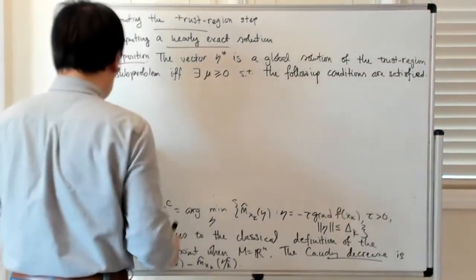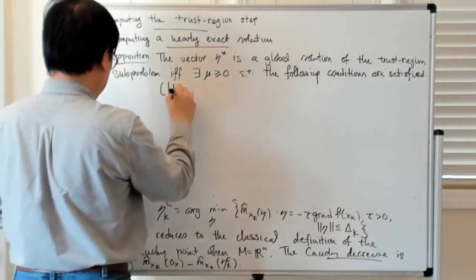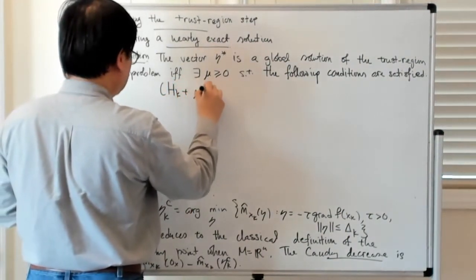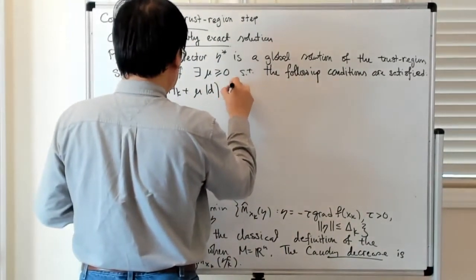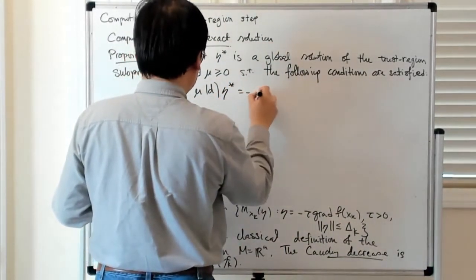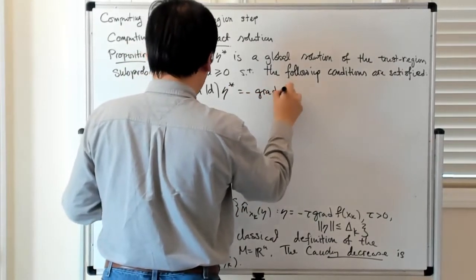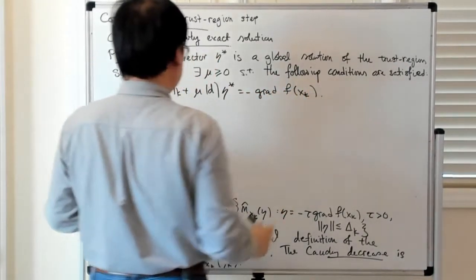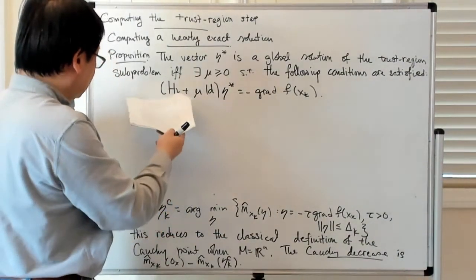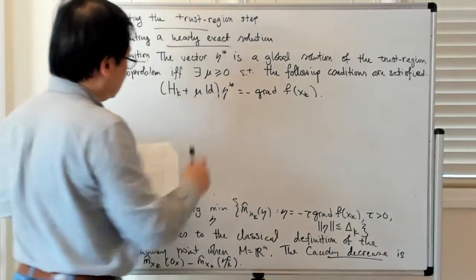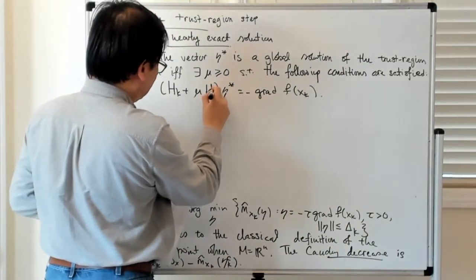The first one is that hk plus mu times the identity, applied to eta star, is equal to minus the gradient of f xk. This is a little bit like the Newton equation, but modified slightly.